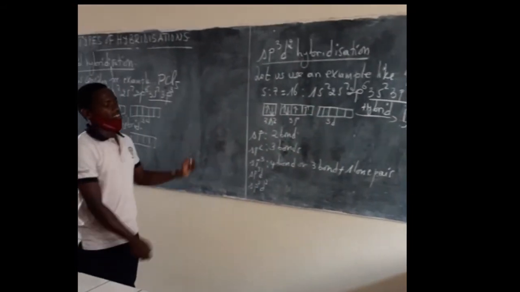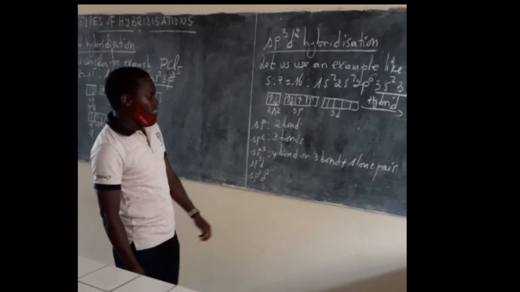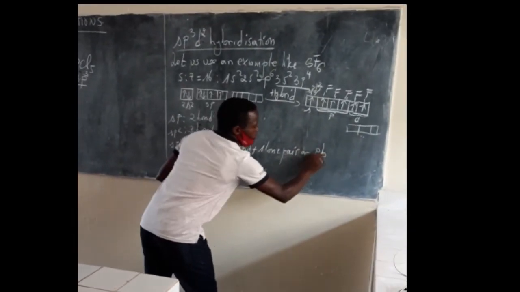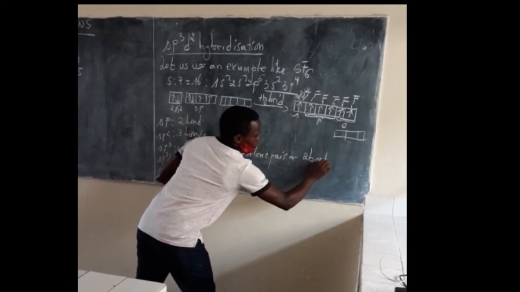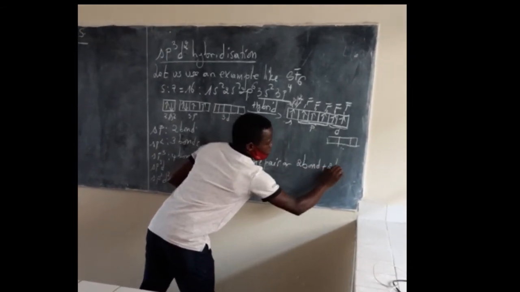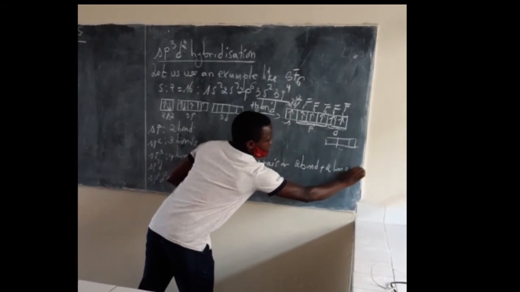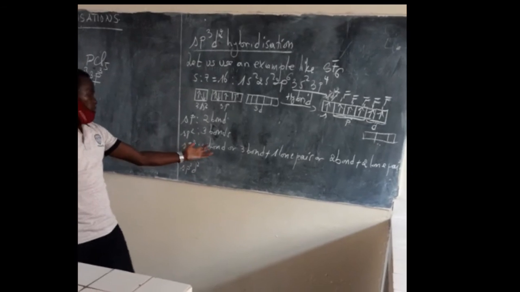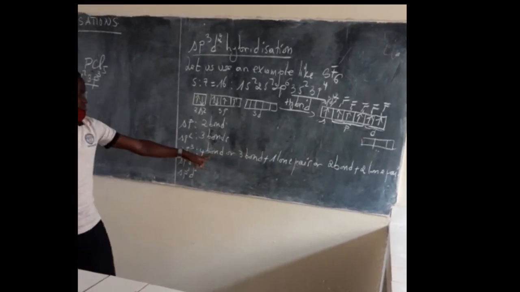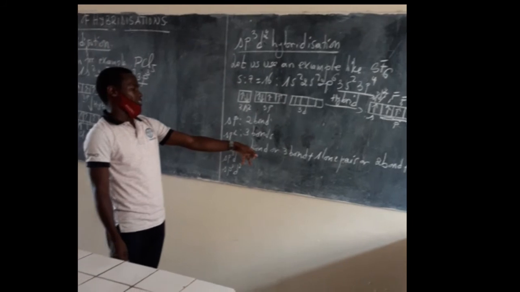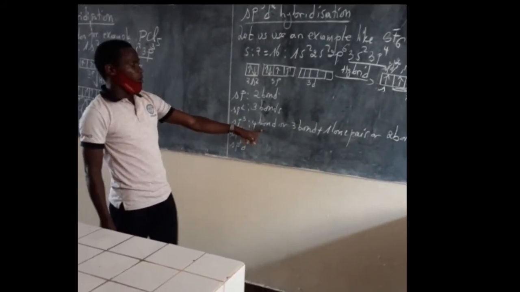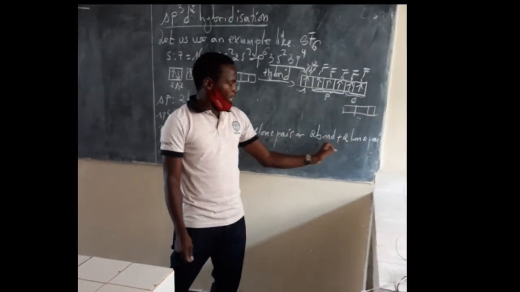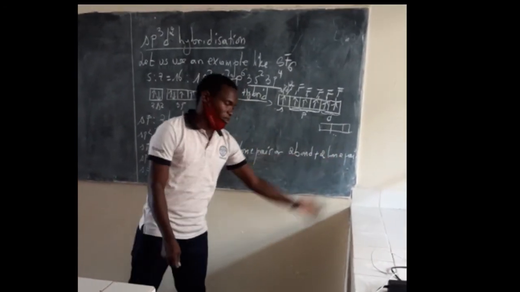It is just clear in this case. You can even have two bonds plus two lone pairs. In this case, the example here, four bonds like methane gas, CH4, 3 bonds plus 1 lone pair like ammonia, 2 bonds and 2 lone pairs like the water molecule, for example.